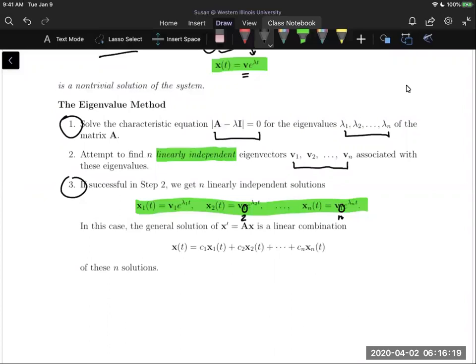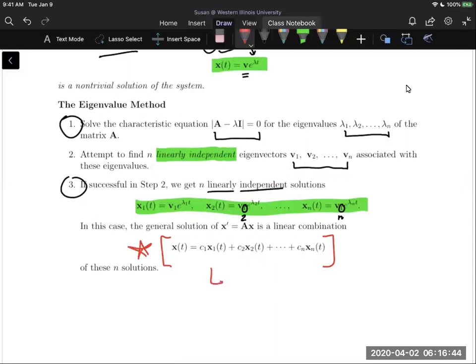Once you can confirm that these are linearly independent, either by using the Wronskian or by using some theorems that we're going to see a little bit later, then your final solution is going to be the linear combination of those n linearly independent solutions, and that's going to be your general solution. So this is the end goal right here, to take this linear combination.